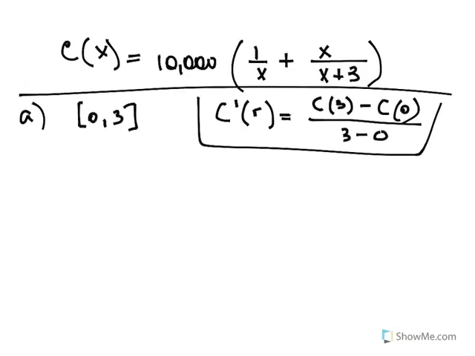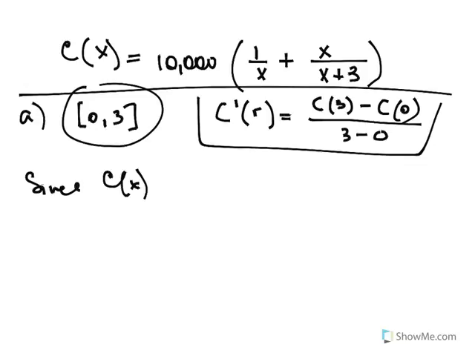Well, you want to say, first of all, since C of x, by the way, you notice the function is undefined at x equals 0 and x equals negative 3. But we're not talking about x equals negative 3 because our interval is 0 to 3. So very important fact.